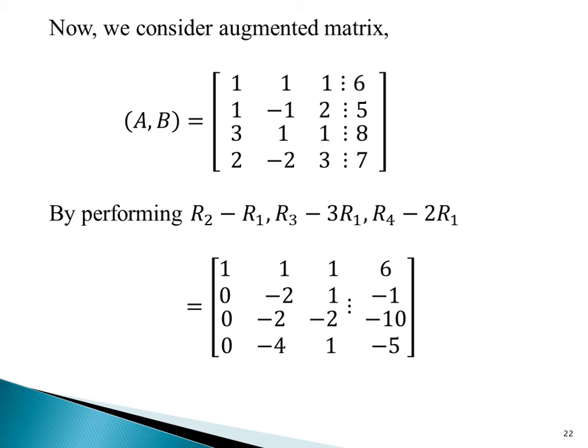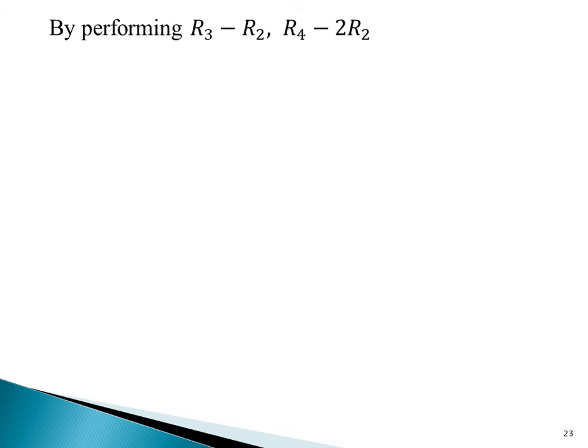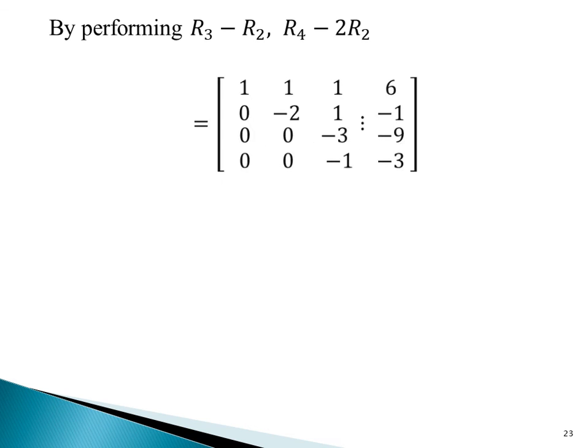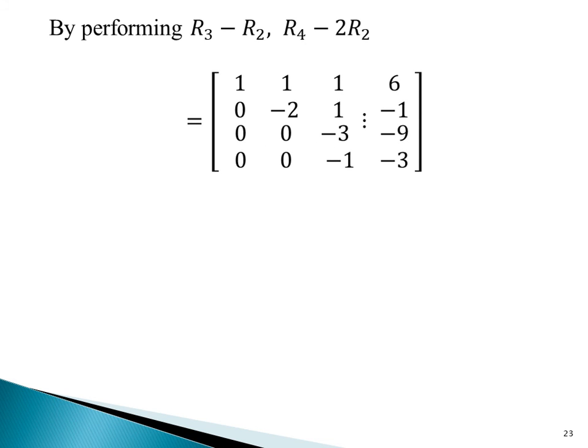1 1 1 6, then 0 minus 2 1 minus 1, 0 minus 2 minus 2 minus 10, 0 minus 4 1 minus 5. By performing the operations R3 minus R2, R4 minus 2R2, we have 1 1 1 6, 0 minus 2 1 minus 1, 0 0 minus 3 minus 9, 0 0 minus 1 minus 3.